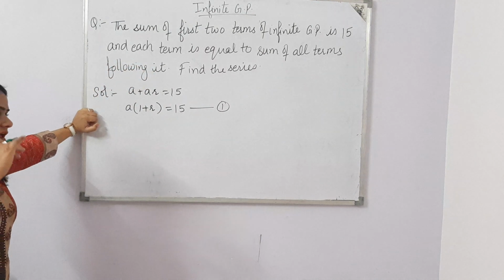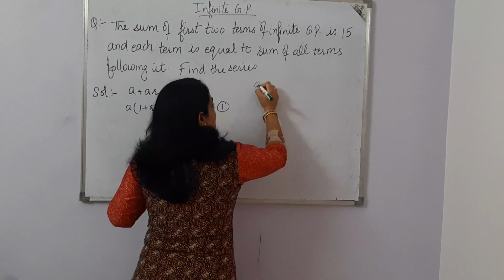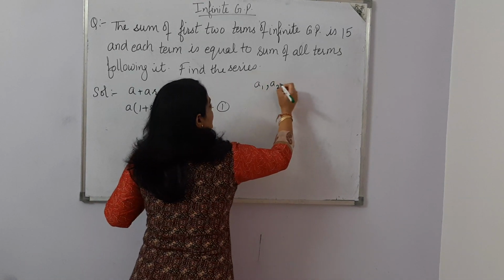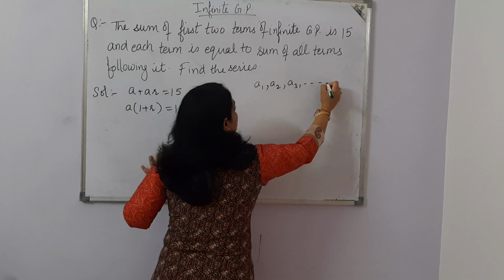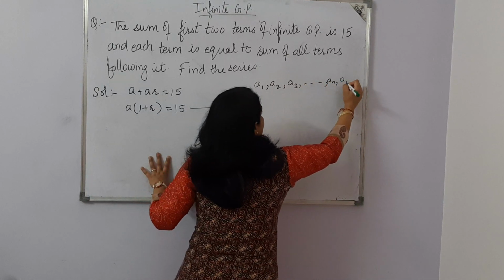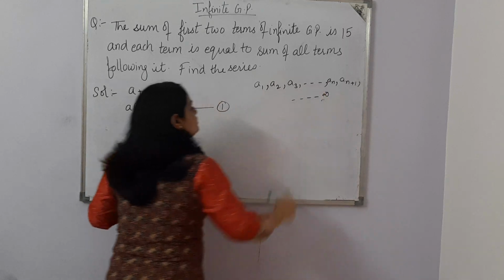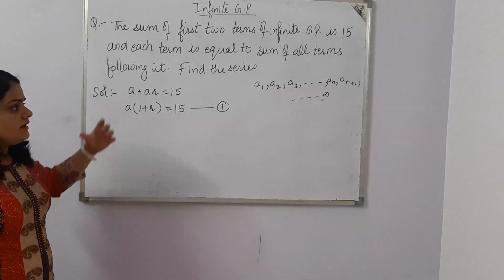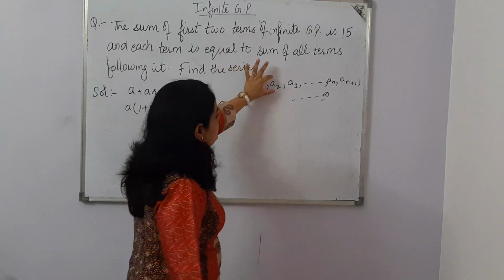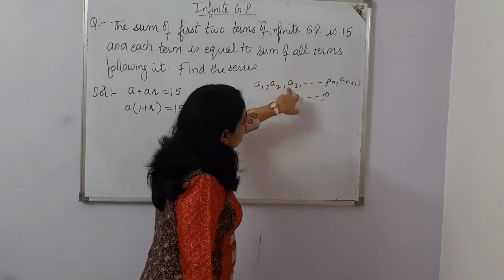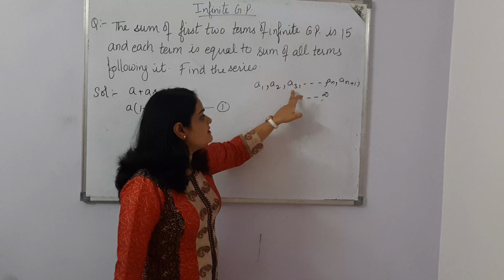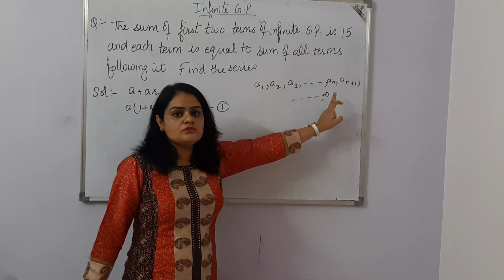Now, each term is equal to the sum of all terms following it. That means if we have a sequence, we have a1, a2, a3, so on up to an. The next term is an plus 1, so on up to infinity. If I am saying the second term is equal to the sum of all the terms following it, that means a2 is equal to a3 plus a4 plus a5, so on up to infinity.